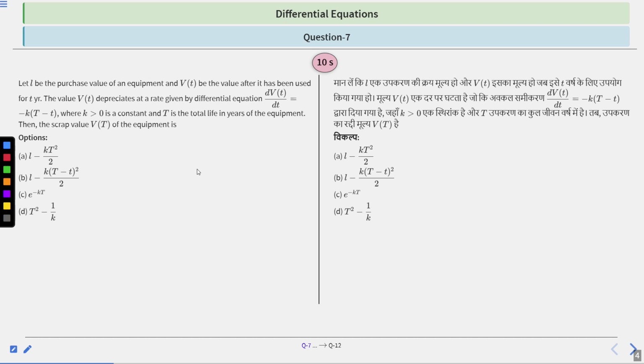And by proper adjustment, we can easily convert these integrations into a more simplified form. And we will try to integrate both sides to get the required solution of the differential equation. Okay, so in this way you can try to approach this question. You have 10 seconds to solve or think about this question. After 10 seconds we will discuss the solution.